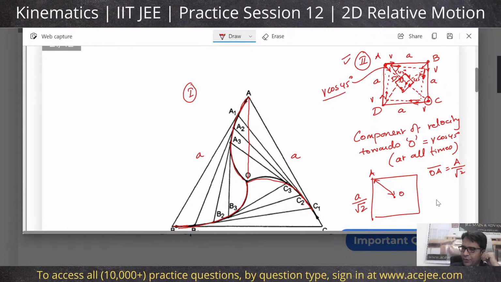So how much time will they take to reach the center? Time taken will be the distance divided by the velocity. A by V. Sorry, what is this capital A? No, sir, this should be small a.